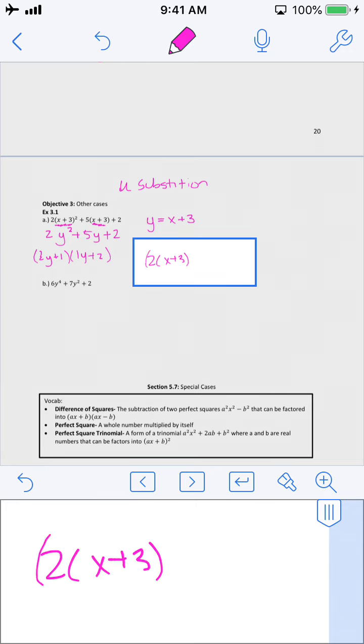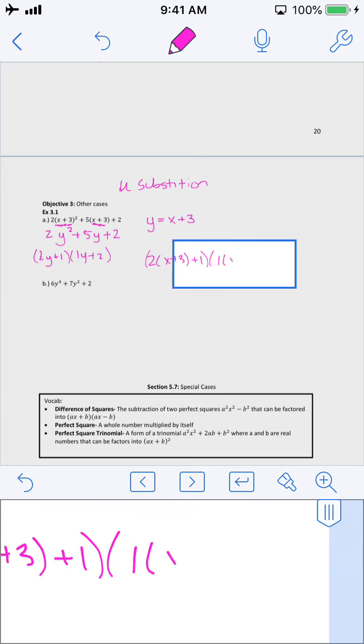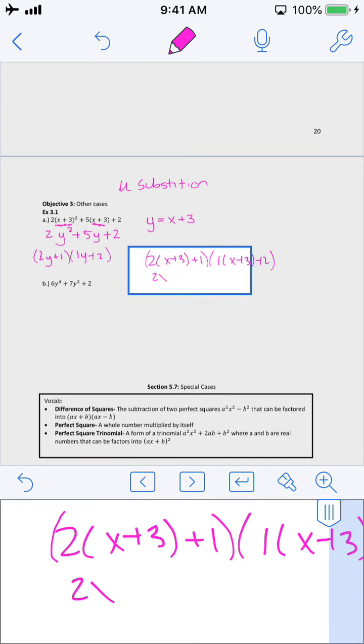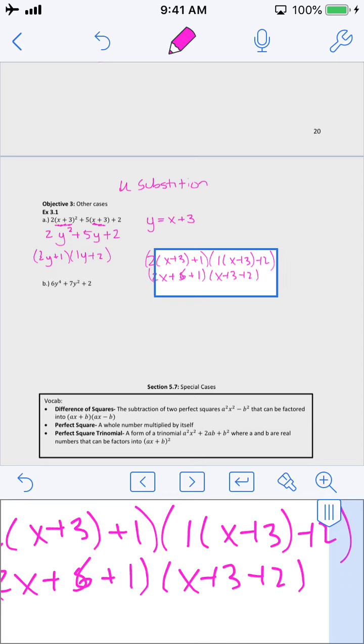I have to put back what I took out. And then that's kind of redundant with all these pluses and minuses and stuff in there, so I'll just clean it up real fast. And then I can combine some like terms.